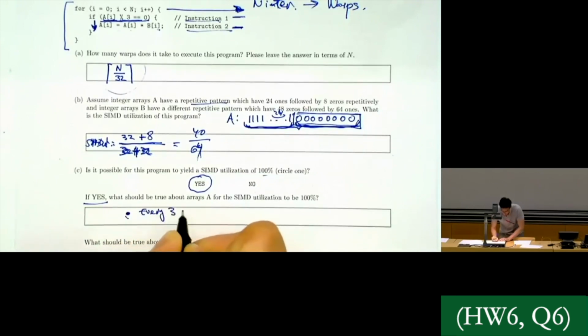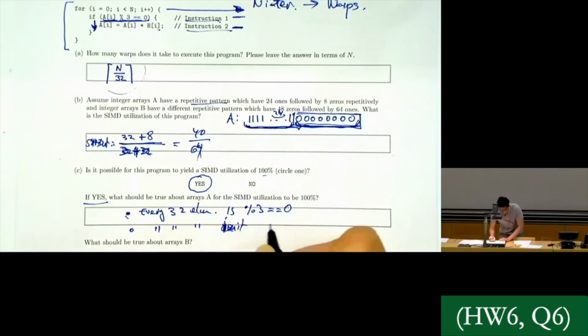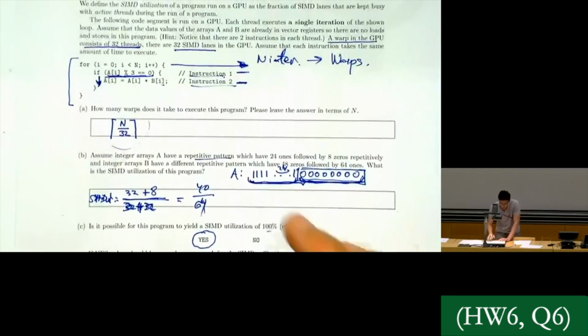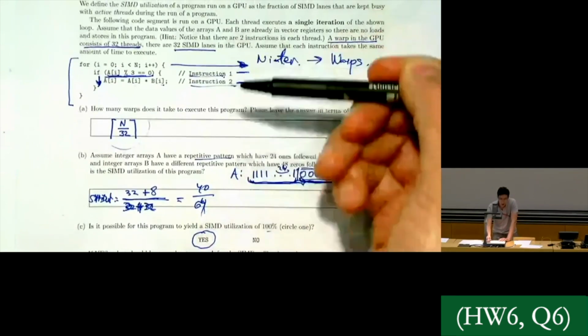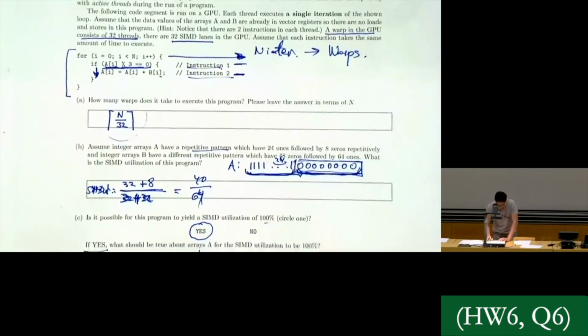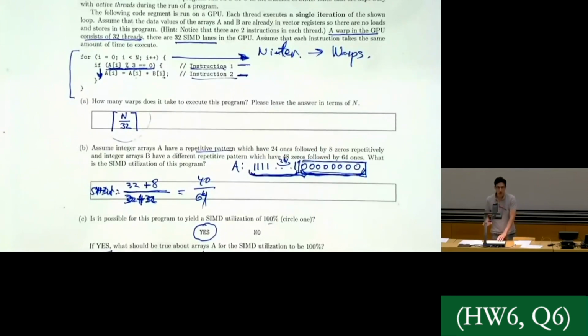Every 32 elements is divisible by 3, or every 32 elements isn't divisible by 3. So either way, we will have all threads in the warp executing both instructions or only executing one of the instructions. We are going to stop here because we run out of time.